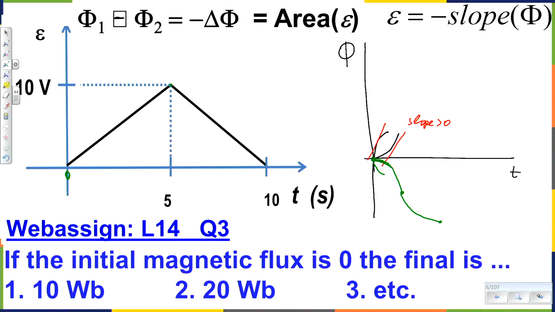That looks like a position graph, and that looks like a velocity. So if velocity is a straight line, the position graph should be a parabola, something like this. Well, anyway, what we're looking for is the final value, and actually it has to be a negative number.